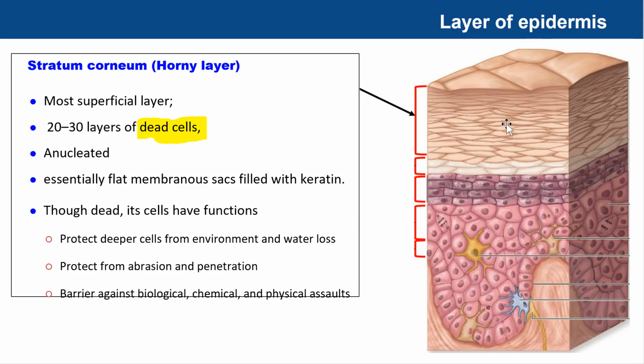Why do we have these kinds of dead cells on the surface of the skin? What are the benefits of these dead cells? Actually, these dead cells provide an important function for our body. These dead cells provide a barrier to prevent water loss, provide mechanical protection to the underlying epidermis from abrasion and penetration, and also act as a barrier against biological, chemical, and physical assaults.